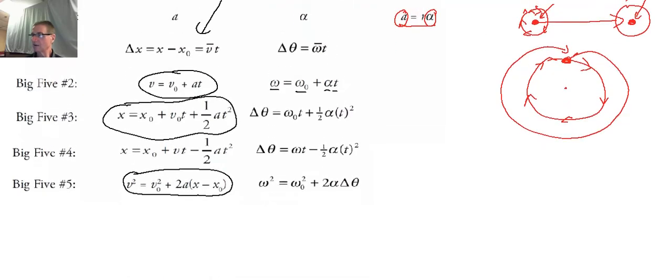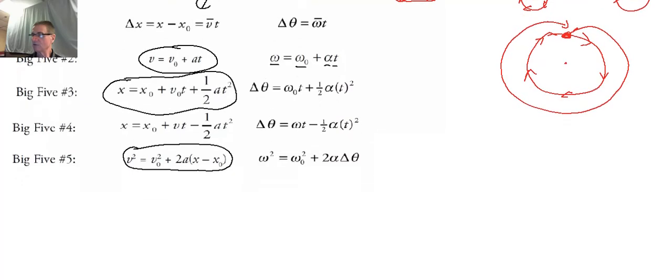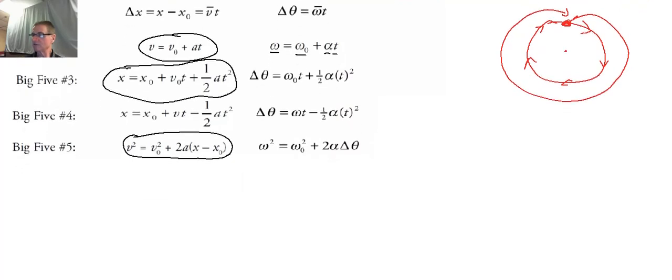So let's do an example using our newfound equations. I want to try and keep this on the screen. Let's say that I've got a wheel. There's my wheel. It's got a radius equal to 0.5 meters, and it is initially at rest. So omega initial is 0 radians per second.